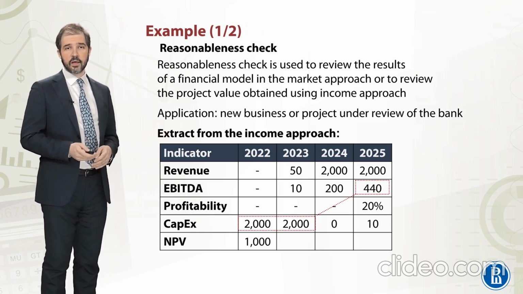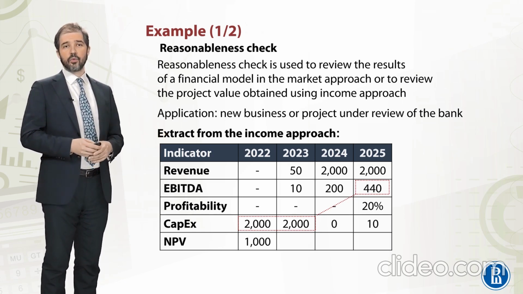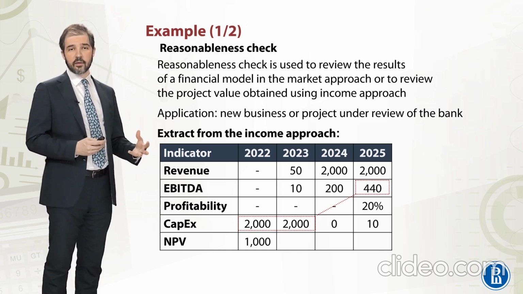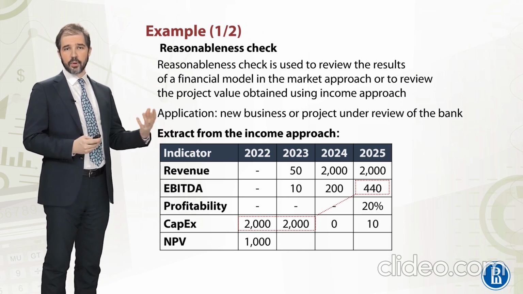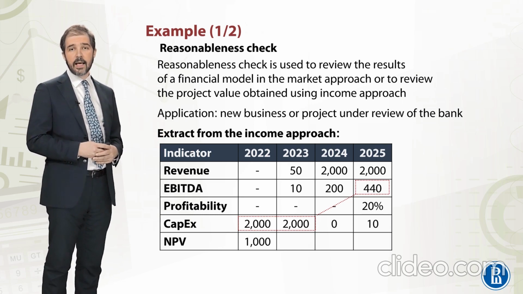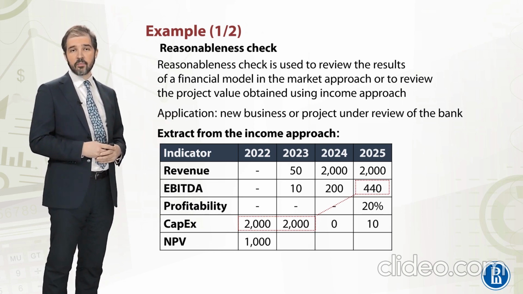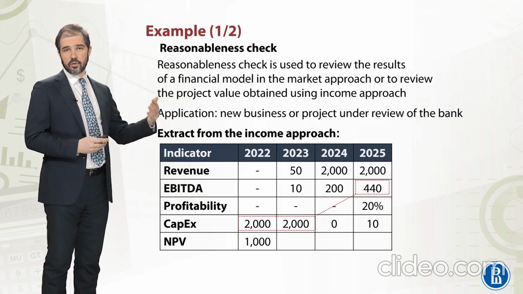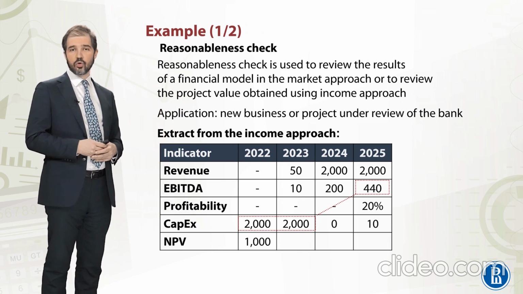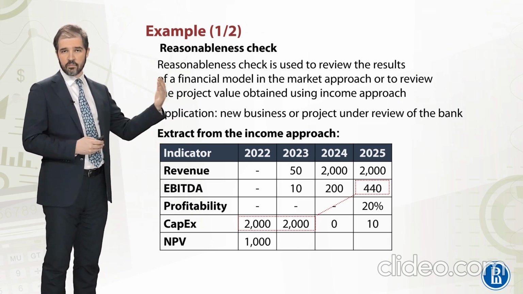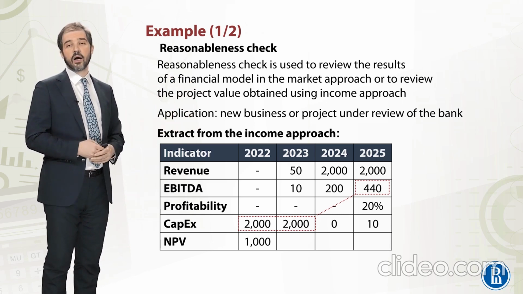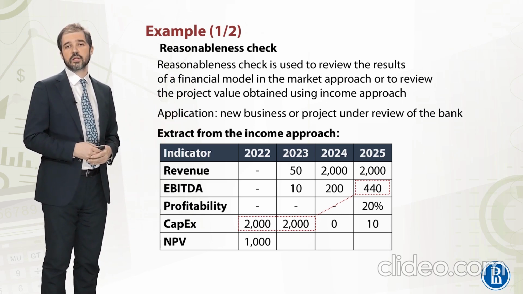And what we see here is that the company plans to spend in total 2 plus 2 billion rubles, so in total 4 billion rubles, and in some period of time they will reach some operating stage of this business or project and will receive some stable revenue and EBITDA of, let's say, 440 million rubles per year.